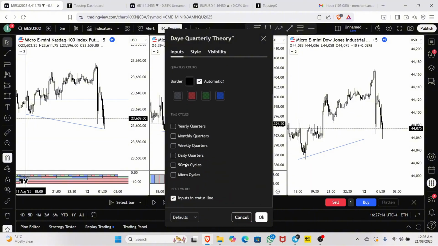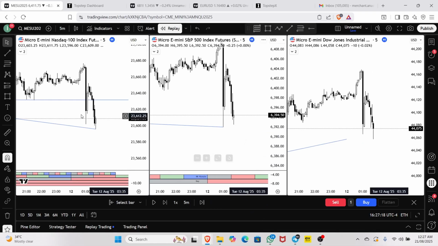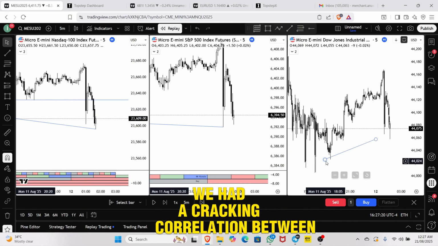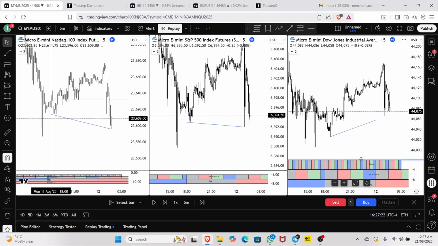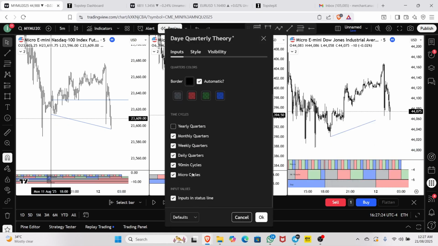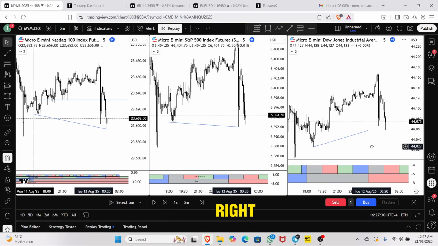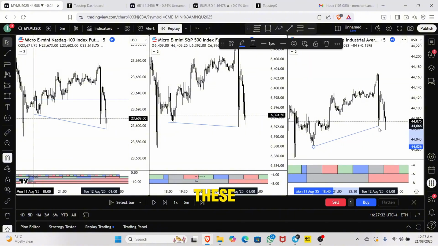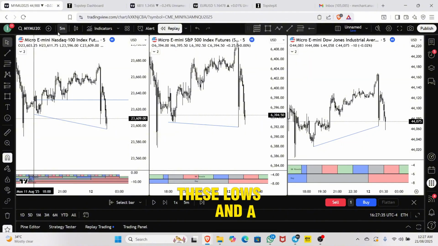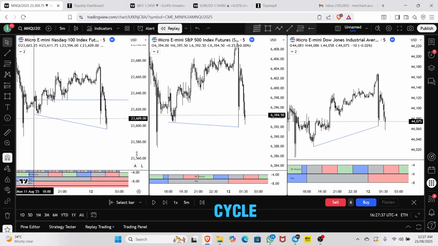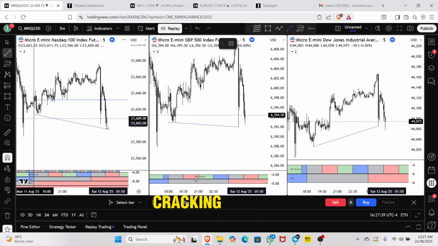So here we go, we had a crack in correlation between these lows, and a 90-minute cycle crack in correlation right there.